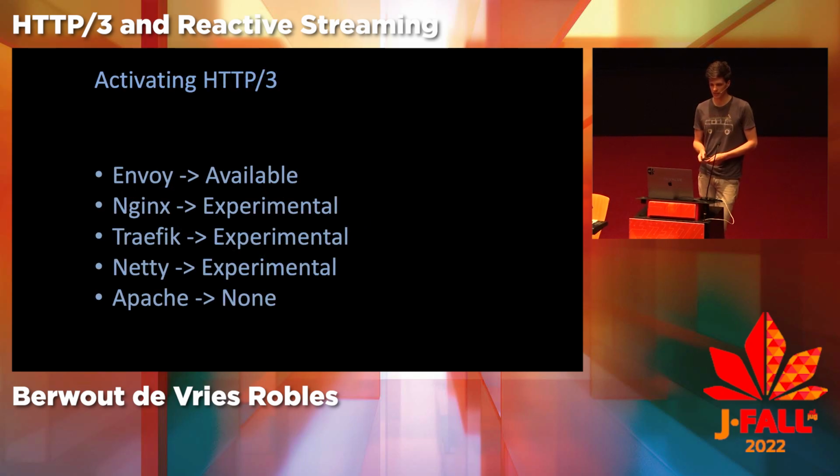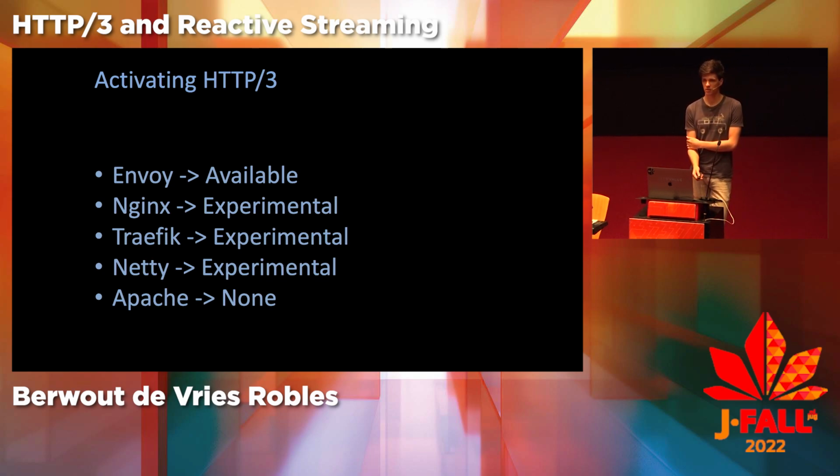All right. Then about how do I actually go and use HTTP3? Because I want unlimited power, right? It's a bit hard right now. In Envoy, it's actually available for production use for downstream clients, so you can use it to serve your websites.